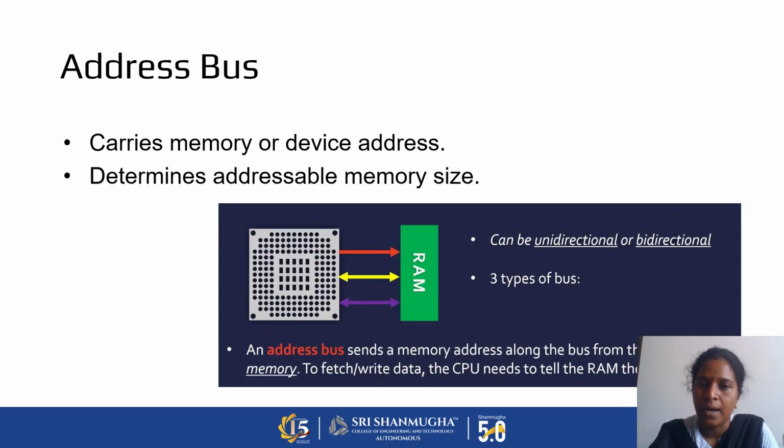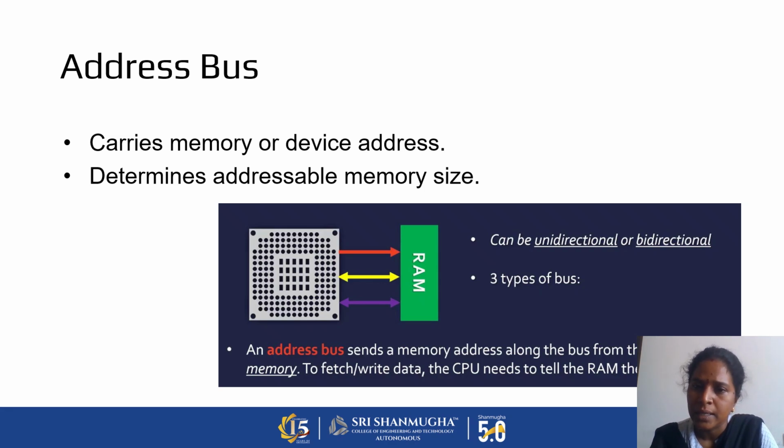The next is the address bus. The address bus carries the memory or device address. It stores some specified data or information, and it enables the signals to transmit through the address bus. It determines the addressable memory size.